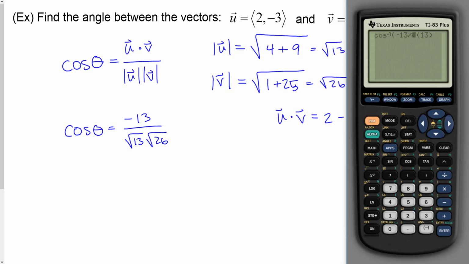I need to put some extra parentheses in the denominator for the order of operations. Times the square root of 26. Oh, well, that's interesting. We got an exact angle measure. So theta equals 135 degrees. That's going to happen pretty rarely. Usually it's going to be a decimal that goes on forever. Okay.